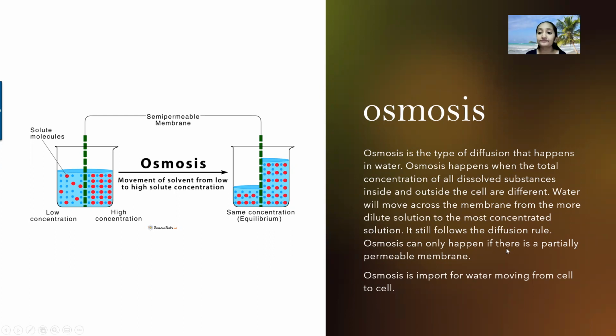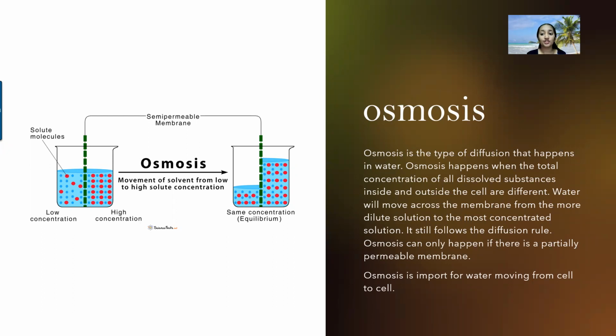Okay, in this diagram, you can see that over here, it is a more dilute solution. There's more water than particles. And over here, it's a more concentrated solution. Over time, they will do the process of osmosis from an area of high concentration to an area of low concentration.